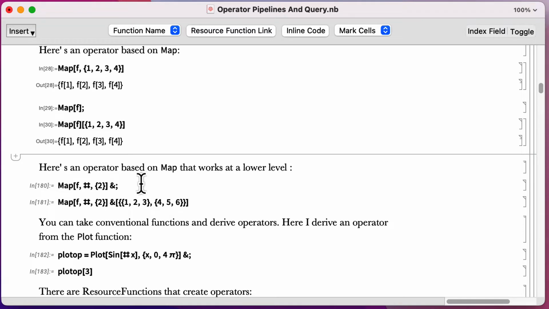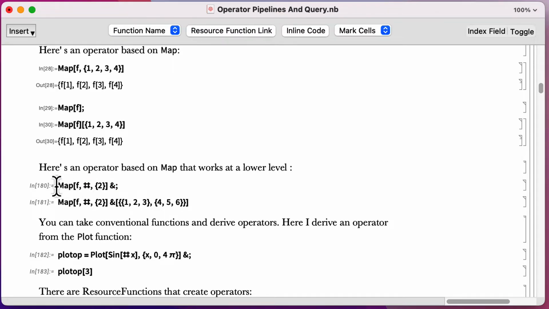Or supposing you want to write an operator form that works on a lower level of the expression. You could create this operator here, which basically says when you see the next argument, map f over it, but at level 2. That is not f of 1, 2, 3, f of 4, 5, 6, but f of 1, f of 2, f of 3, f of 4, f of 5, f of 6.